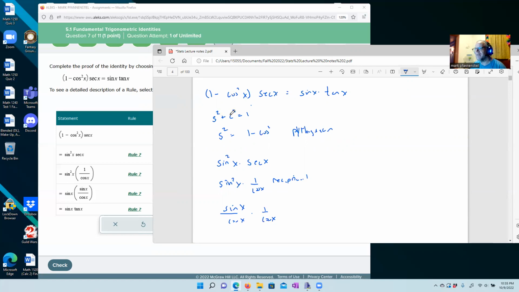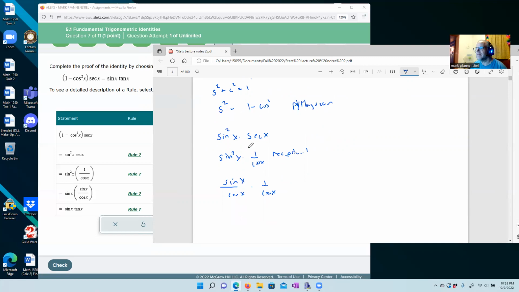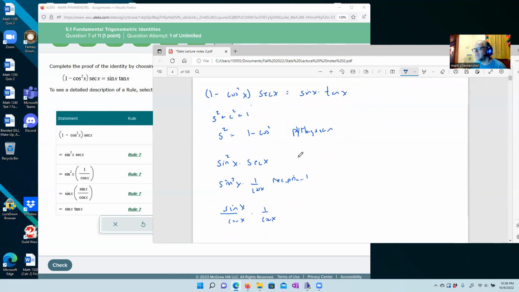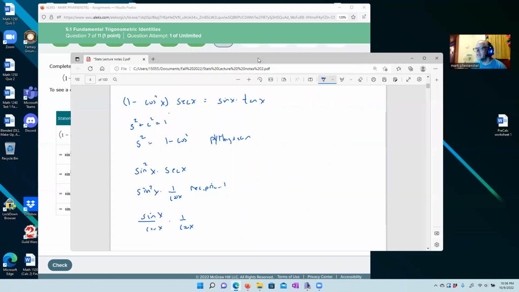And then let's see, what are we aiming for? I don't like that. Secant is 1 over cosine. Let's try a slightly different tack here. Let's go back to 1 minus cosine squared x, times secant, but let's call secant 1 over cosine x.